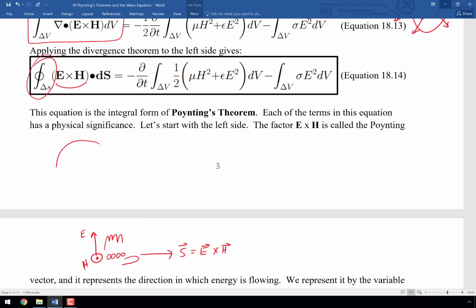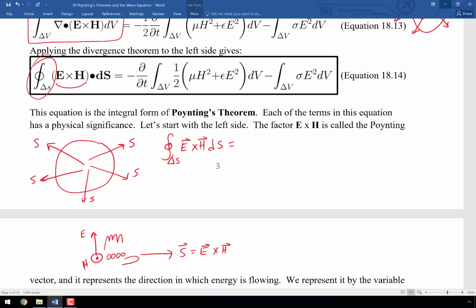So we have a surface here, and maybe there's an S vector that's pointing out from the surface in all directions, for example. And if that S vector is pointing away and pointing out, remember that the surface integral of a closed surface is defined to be positive when pointing outward.